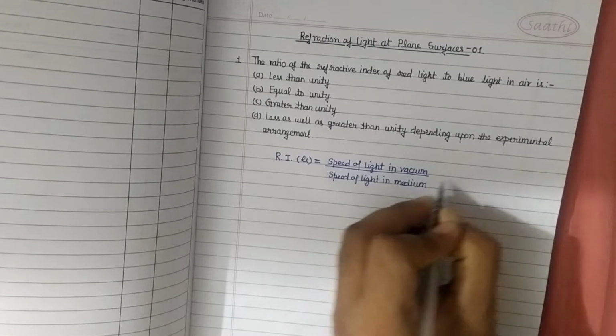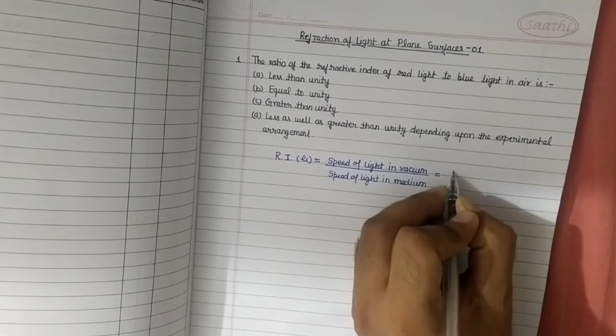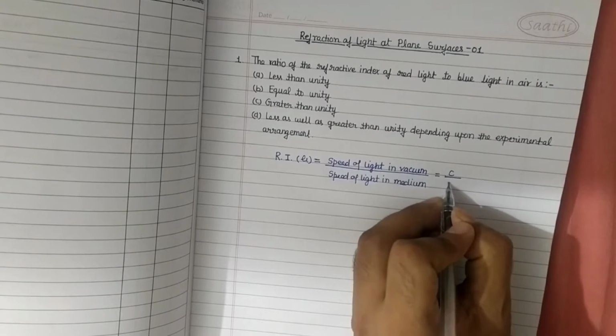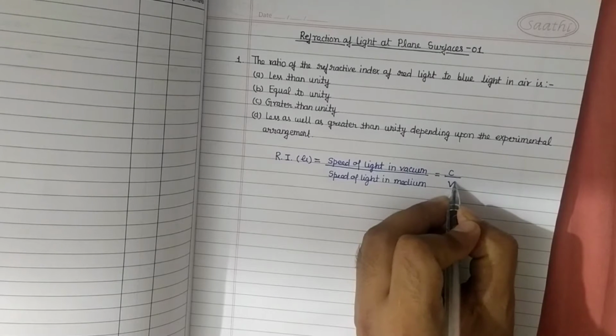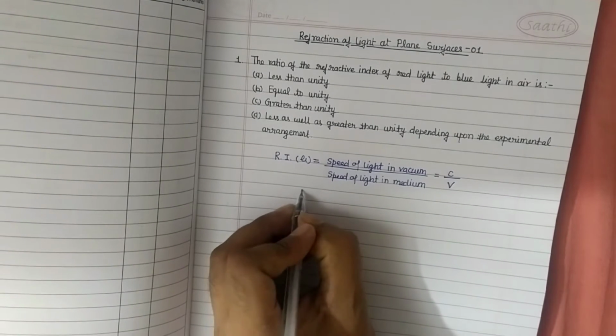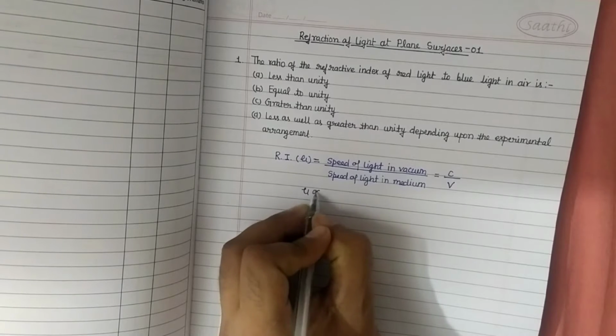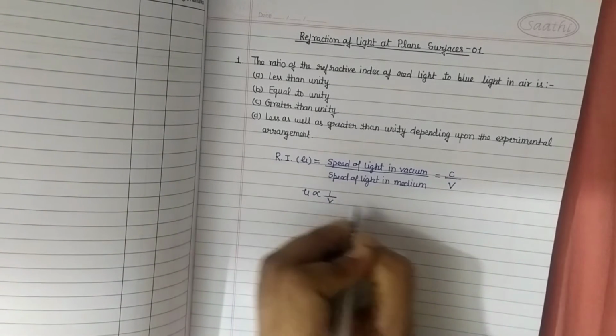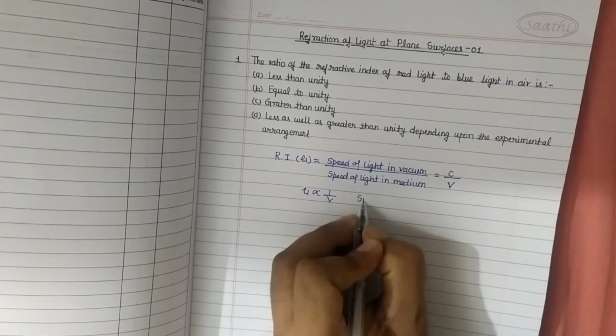We know that the speed of light in vacuum is c, which is 3 into 10 to the power 8 meter per second, and the speed of light in medium we can denote by v. Means our mu is inversely proportional to v.